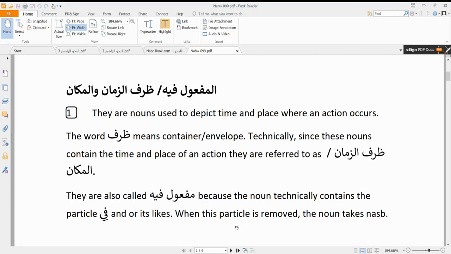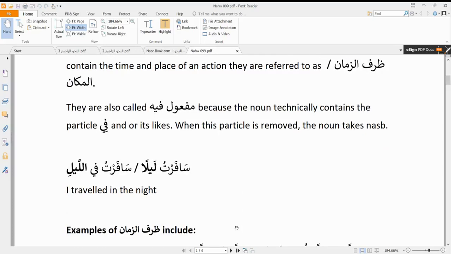Let's explain this with an example. Somebody says safartu laylan. When I say safartu laylan, it means I traveled in the night. So that laylan is an example of a zarf. How do we know? We can see it is telling us when the action happened, and the action happened in the night. We said al-maf'ul fihi because we could actually put fi.